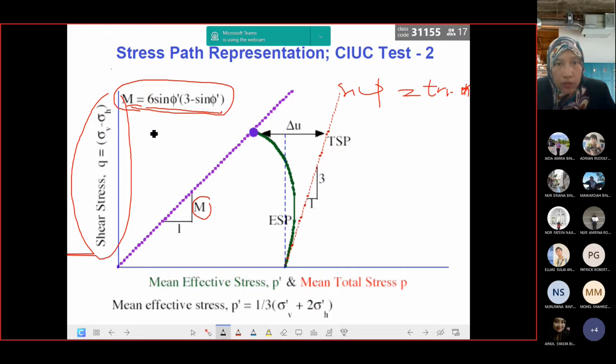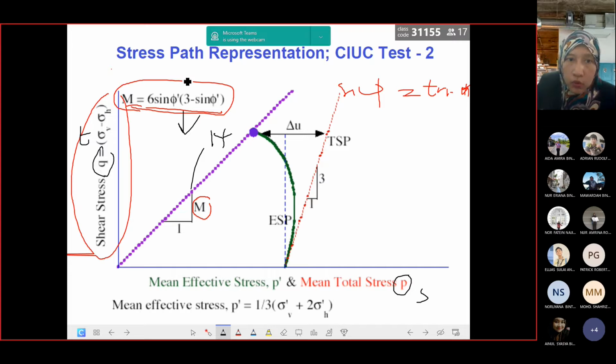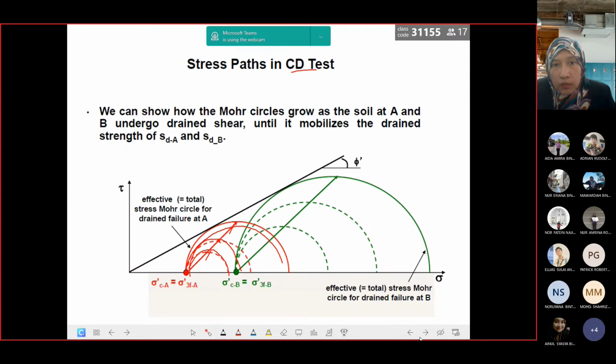So bila you nak dapatkan berapa kecuraman, berapa sudut the KF line kat sini ni, untuk Q dan juga P space, you kena pakai these equations. Tapi kalau kata maklumat diberi dalam sebutan T dan juga S, so you couldn't use this formula. So the formula is not applicable anymore lah. So you kena pakai the appropriate equations ataupun get the right angle.